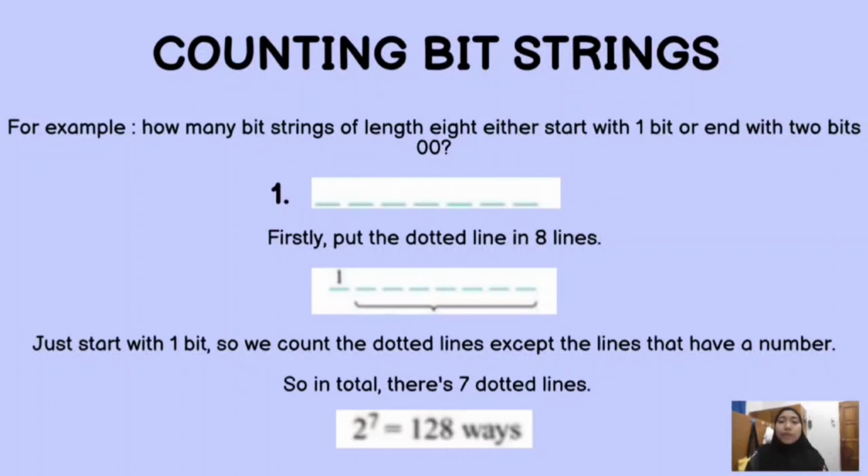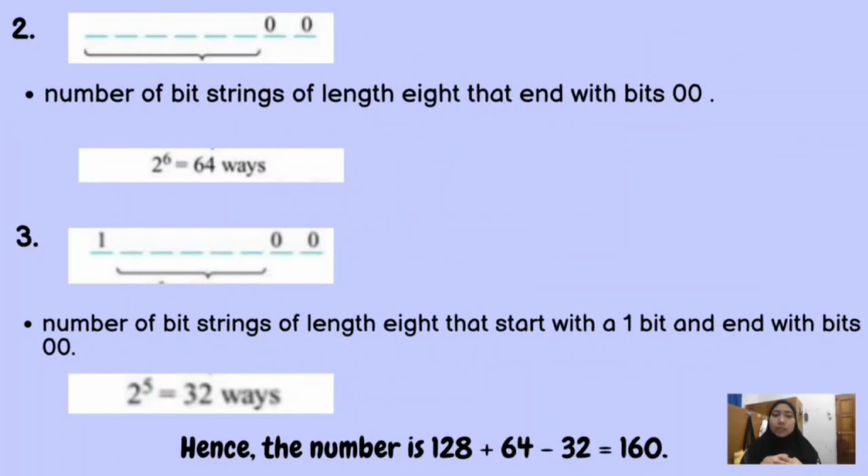Firstly, we put dotted lines in. Secondly, for strings that start with a 1 bit, we count the dotted lines except the line that has a number, so there are 7 dotted lines. So it will be 2^7 equals 128 ways.